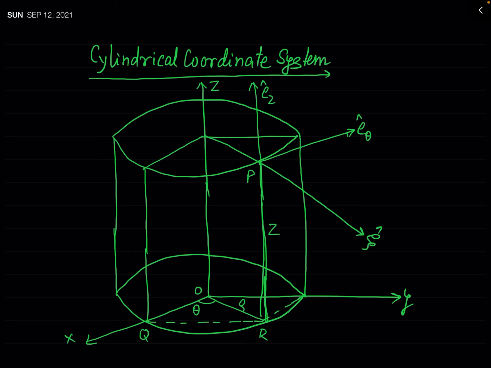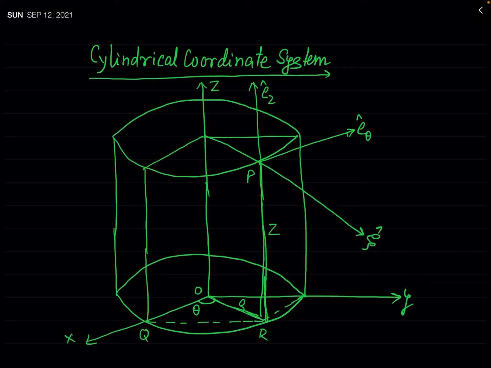Now let us join this point R to the origin O. Then this OR, let us say, is equal to rho, and the angle made by OR with the x-axis is theta. The projection RP is equal to z.